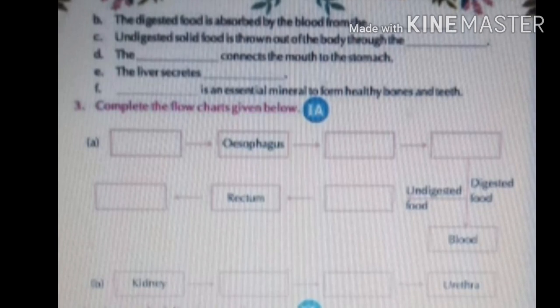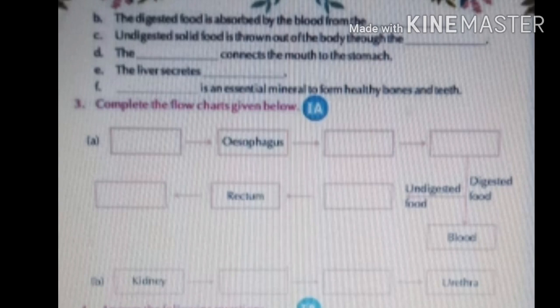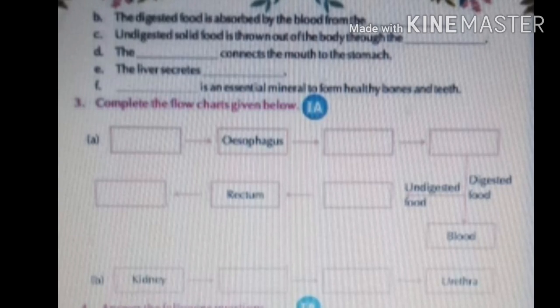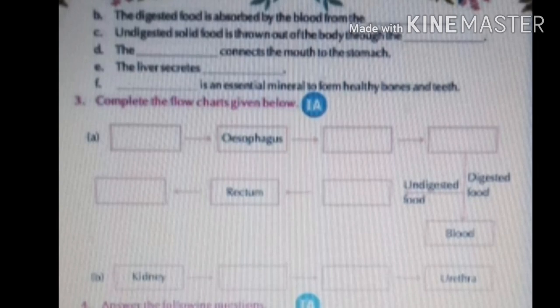After small intestine we are having the digested food and undigested food. Digested food is taken by the blood and the undigested food goes to the large intestine. Then it goes to rectum and after that it goes to anus.